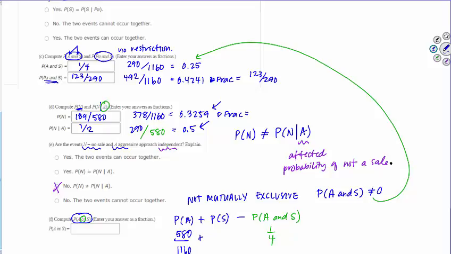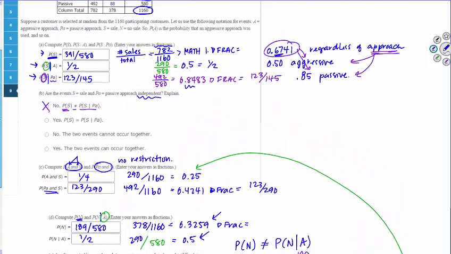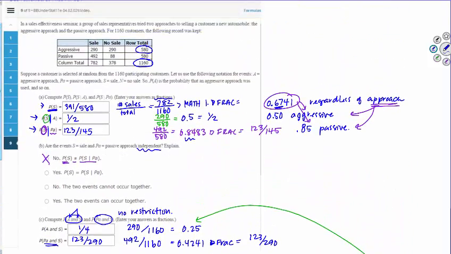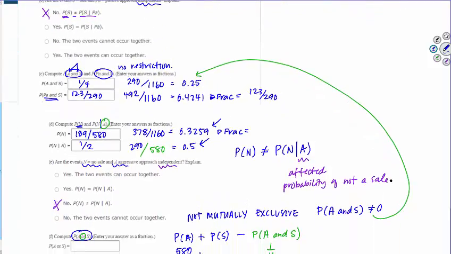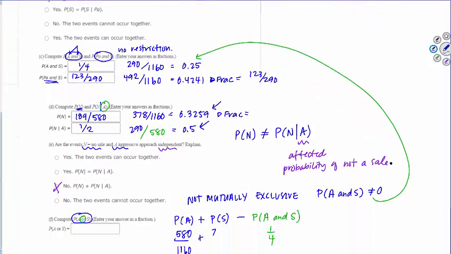Plus the probability of making a sale. So we did that earlier. I'll just go back to the table to get it from the horse's mouth, if you will. There are 782 sales out of 1160 customers. And subtract the 1 in 4, the 290 aggressive sales.